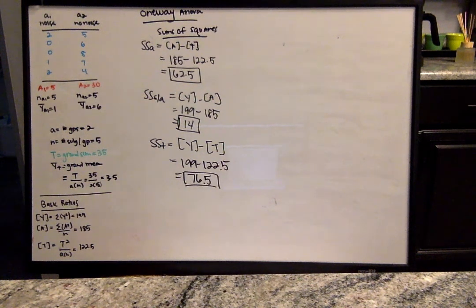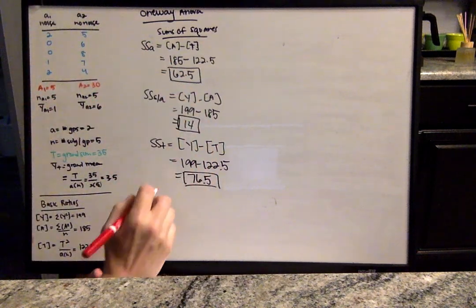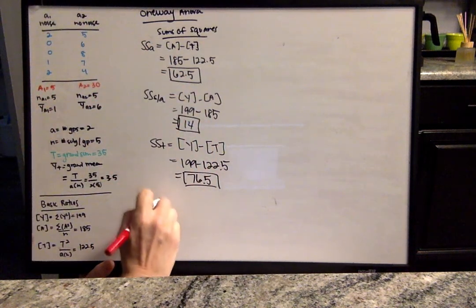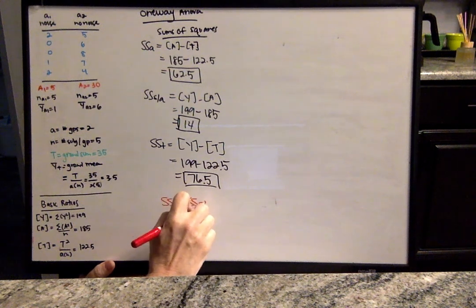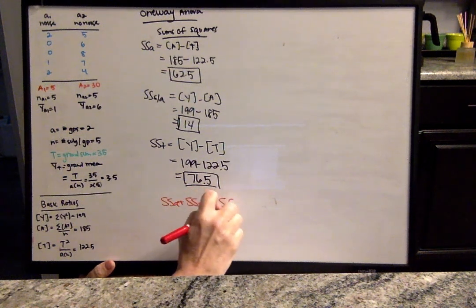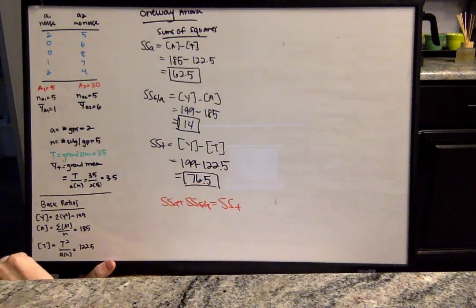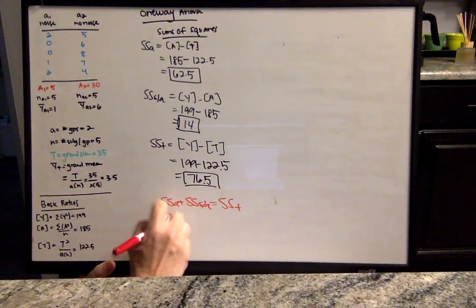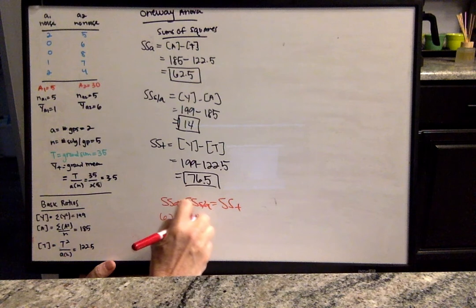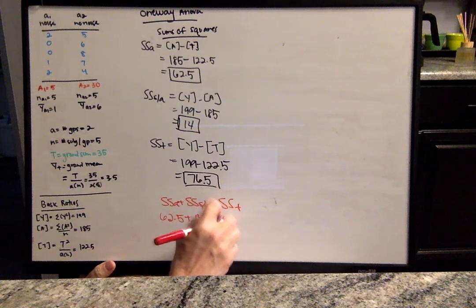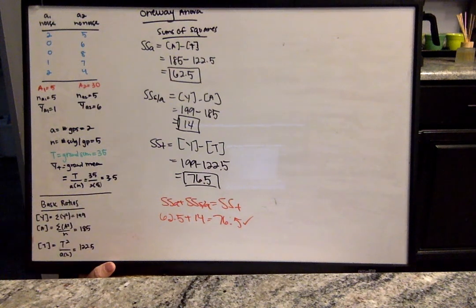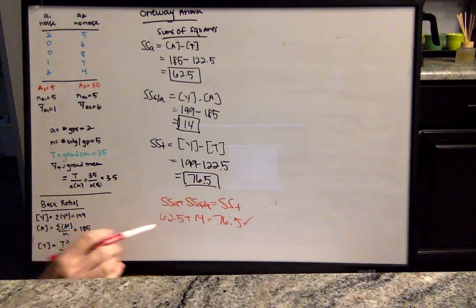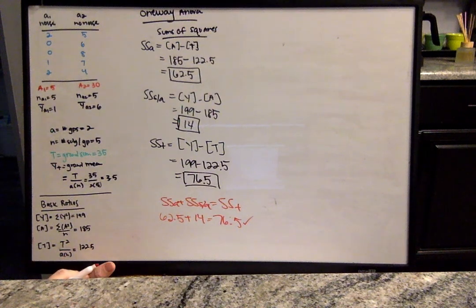Now, a couple important checks that we want to do. We already did this the long way, but we're going to do it again here. Our sum of squares A plus our sum of squares S over A should always equal our sum of squares T. So 62.5 plus 14 should equal 76.5. It does. If it doesn't, you've done something wrong, so make sure that these numbers add up.